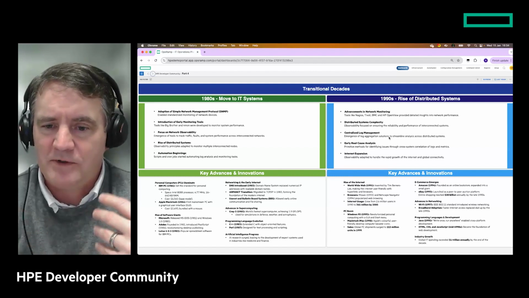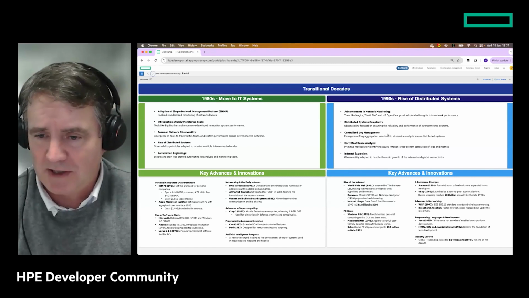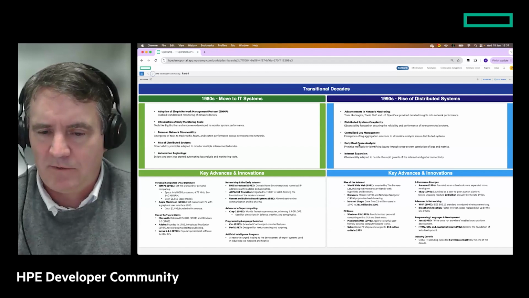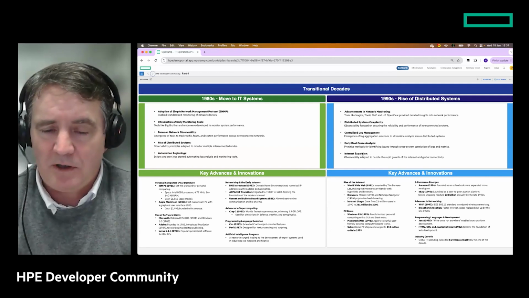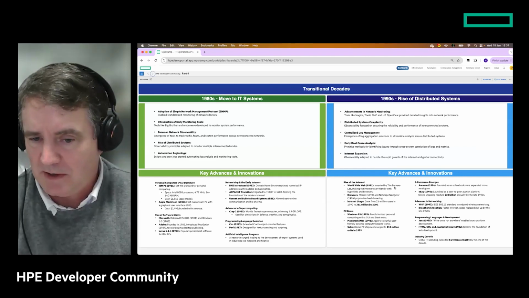But we're starting to see progress by using telemetry data, such as logs and metrics, to help identify root causes of issues. And clearly there was a massive expansion in the internet. From the early 90s when I first got exposed to this, we started to see huge advances.